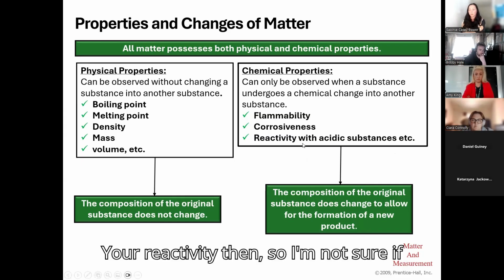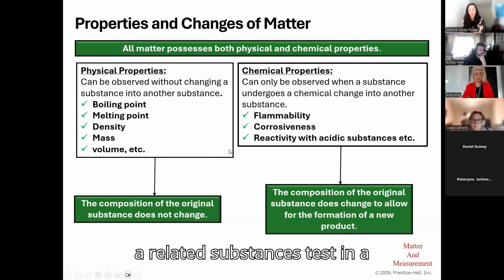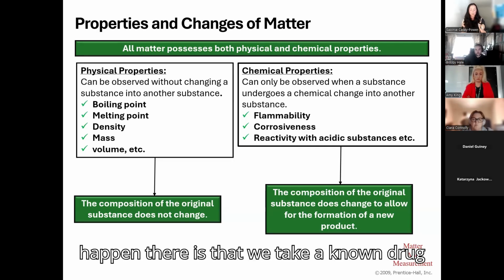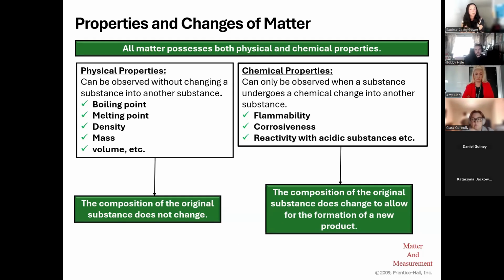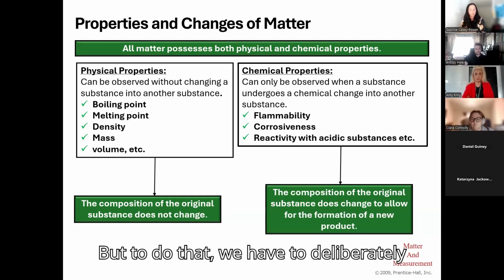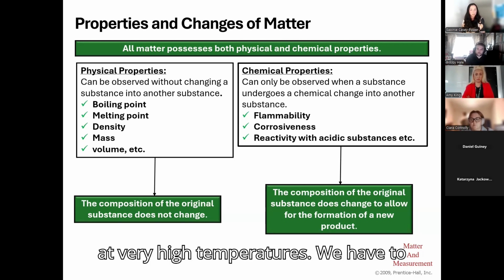Your reactivity then, so I'm not sure if you've ever had experience with it, but like a related substances test in a pharmaceutical lab. What would happen there is that we take a known drug product, for example. We want to see how stable it is under certain conditions. But to do that, we have to deliberately degrade it. Okay, so we have to leave it at very high temperatures.